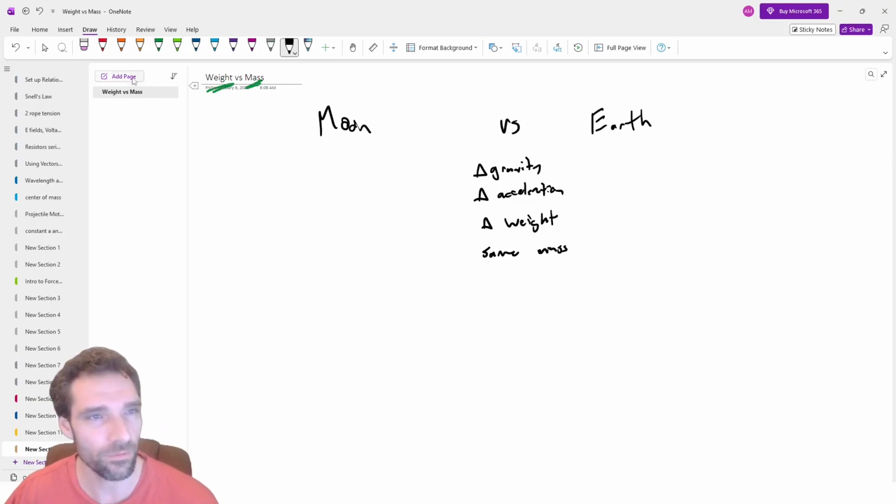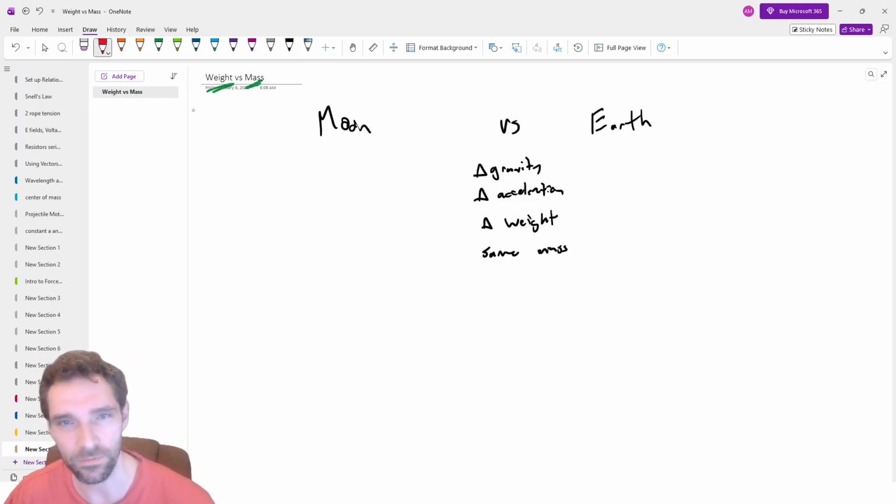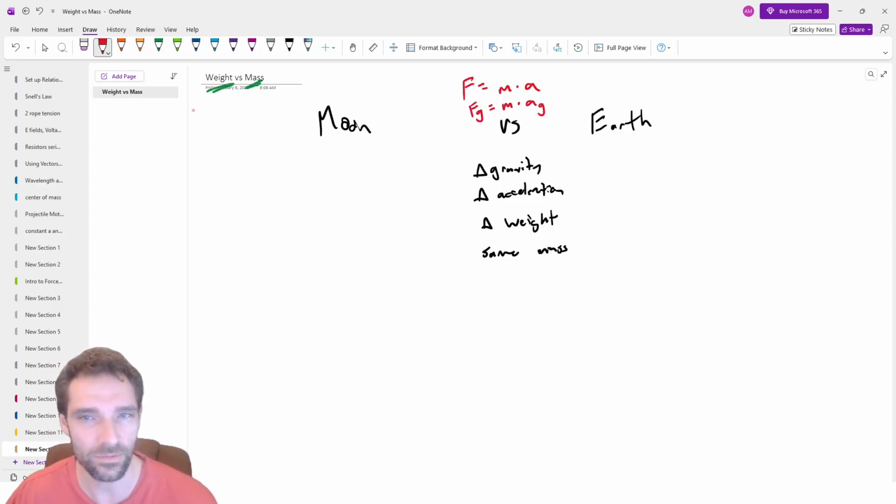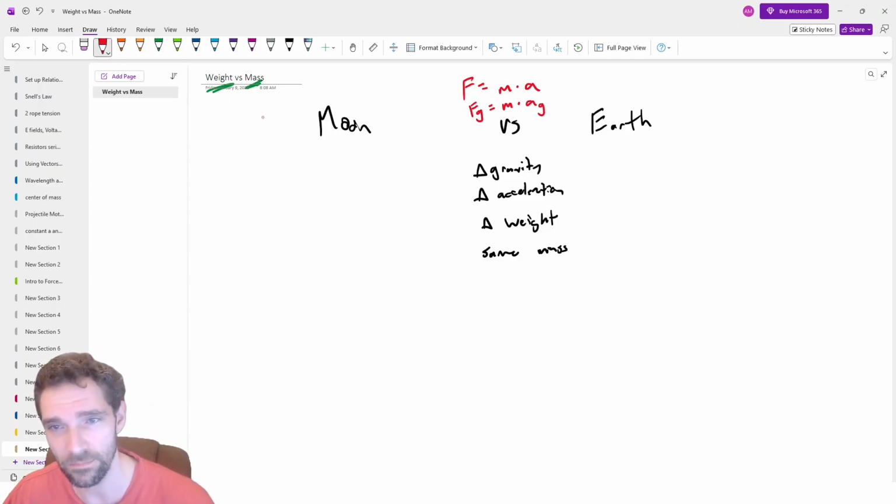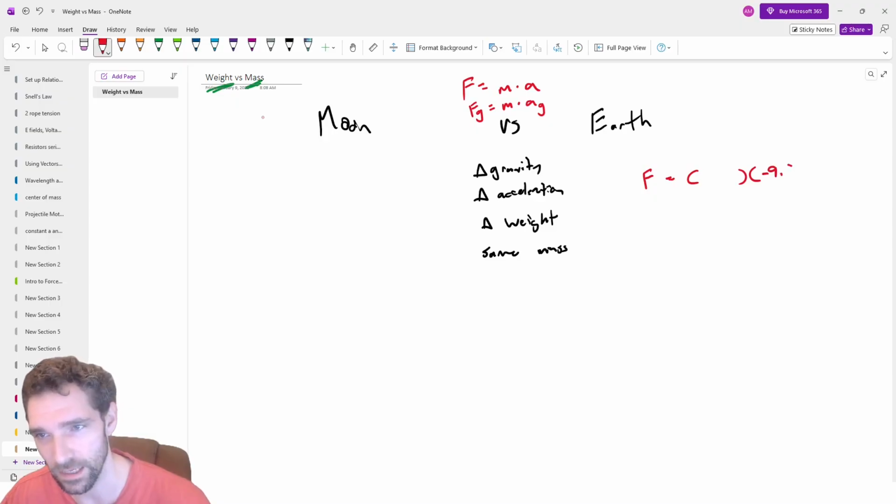So the formula that you're going to want to be referring to here is force is equal to mass times acceleration, or force of gravity is related to the mass times the acceleration of gravity. In this situation, some of these values stay the same, some will be different. So in Earth's gravity, that force is going to be related to whatever mass we're talking about times negative 9.8 meters per second squared.